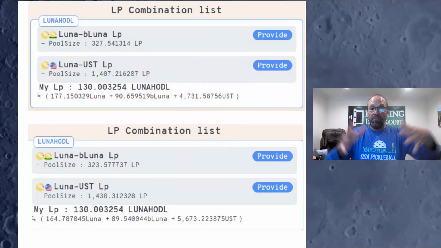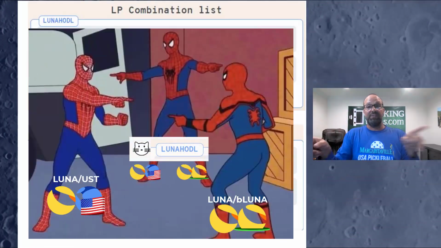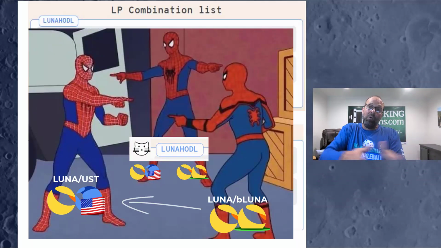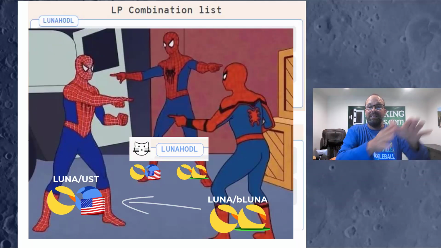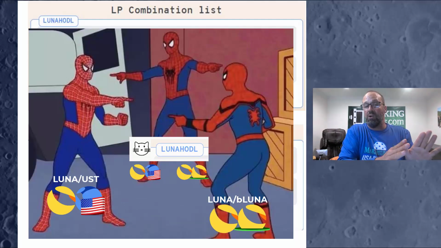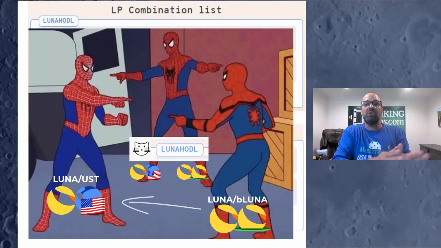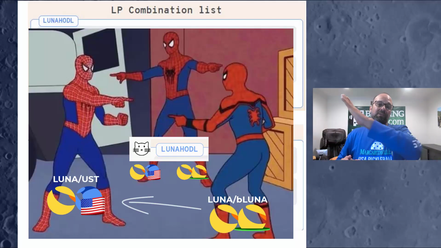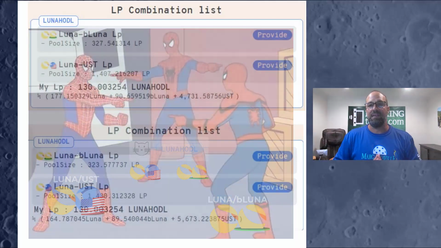There's going to be a rebalancing within that pool. And so the Luna-HODL, which is an LP of an LP, is now going to rebalance the other way. It's going to rebalance out of the Luna stronger pair into the weaker pair, which in this case, when Luna is rising, is the Luna UST. So I thought this was very, very interesting.